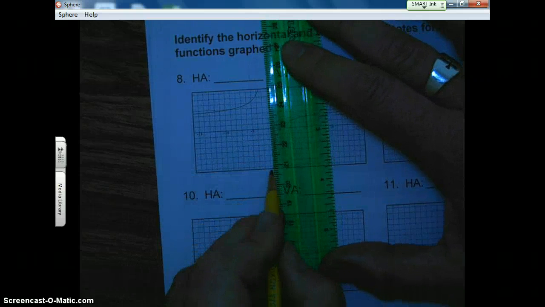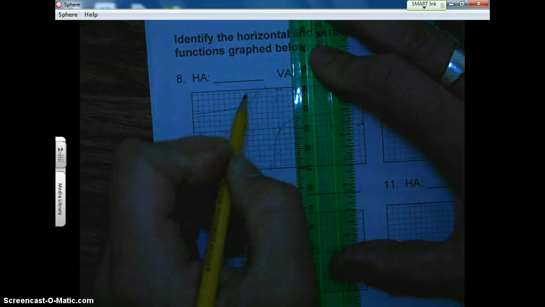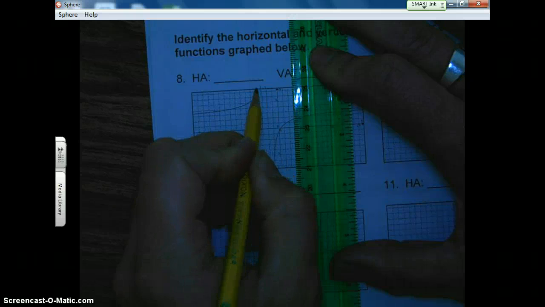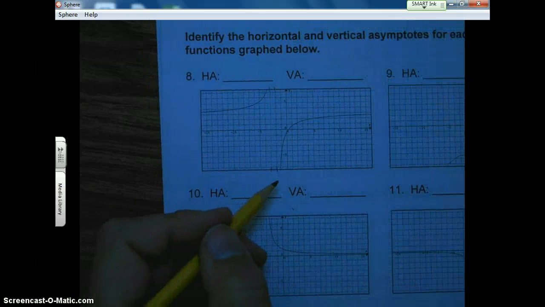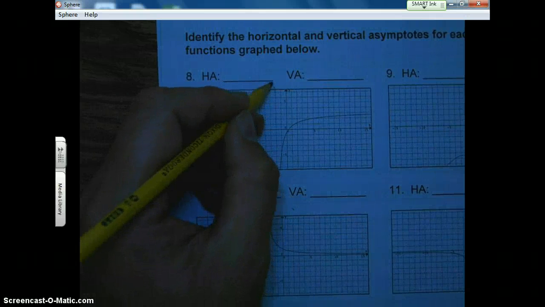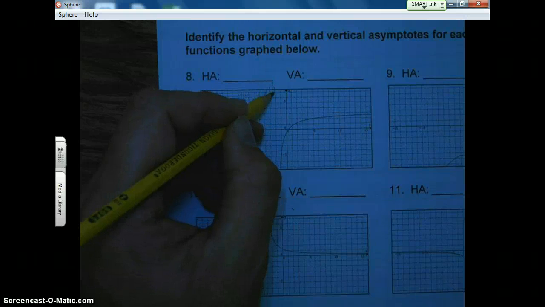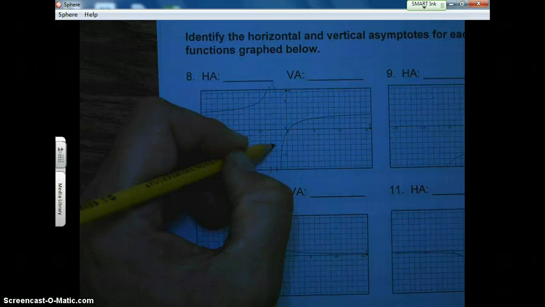Looks like it's getting close to this. But it looks like it's getting close to that. I'm thinking that maybe it's going to be right in the middle. That's what's tricky.